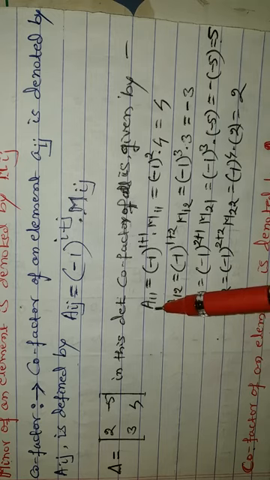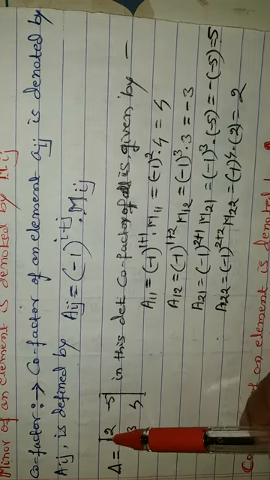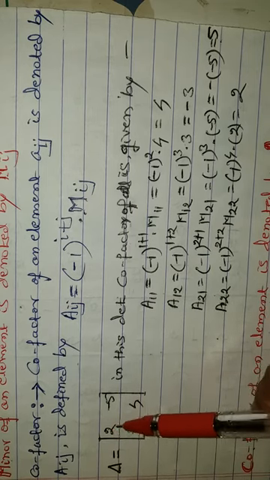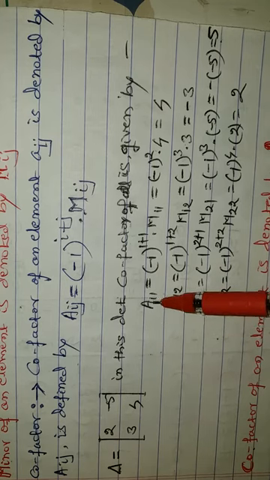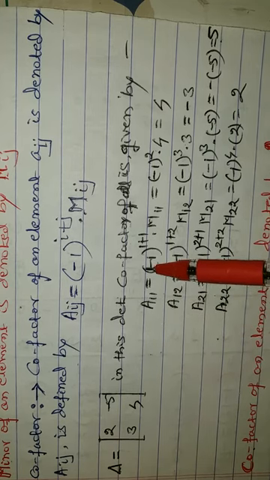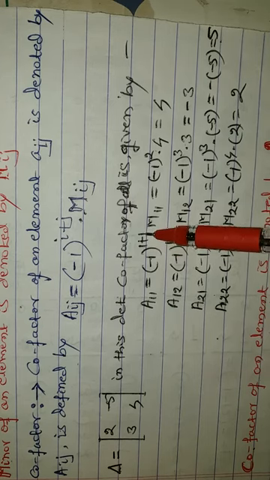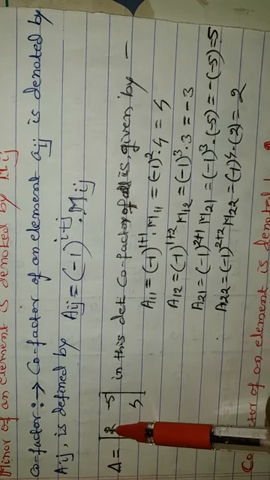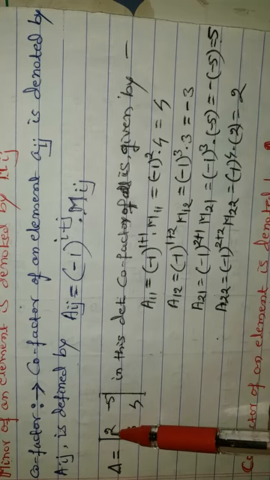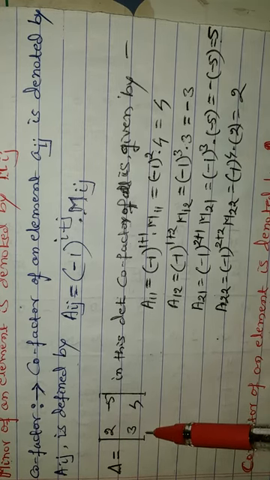Always, cofactor is denoted by capital A. The cofactor of element 2 is A11, which equals minus 1 to the power of 1 plus 1, because it belongs to the first row and first column.